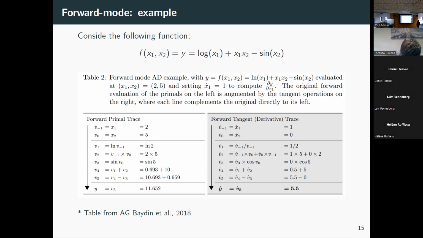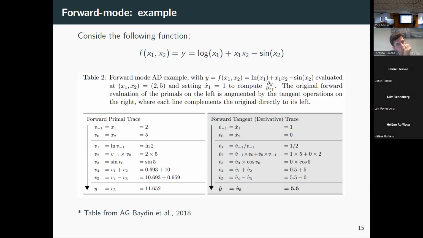Can you say again why the first line of the forward tangent of the right hand side is equal to 1? Yeah, if you look at x1, you start with dx1.